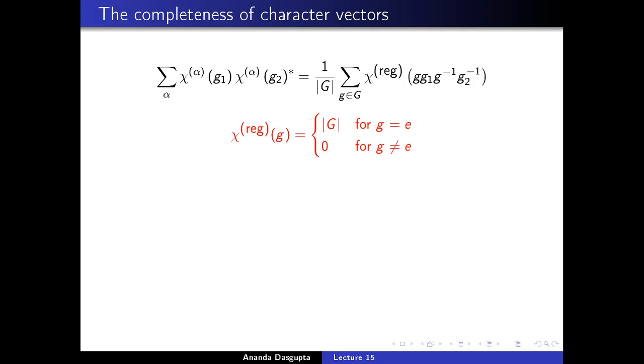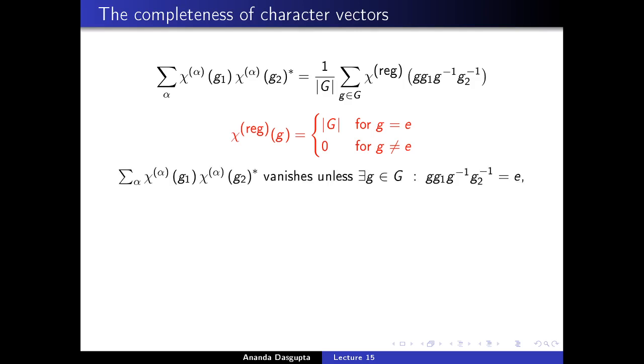So, what we see here is this. The sum that we have on the left hand side essentially equals a sum of the regular representation characters for a particular combination g1, g inverse, g2 inverse. Now, this means that this sum vanishes unless there exists at least one small g belonging to the group capital G such that g1, g inverse, g2 inverse is the identity.